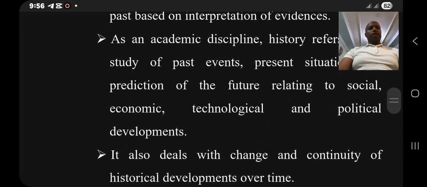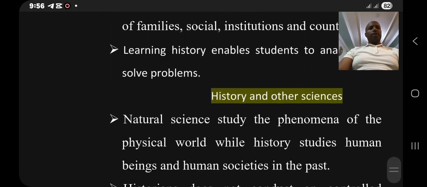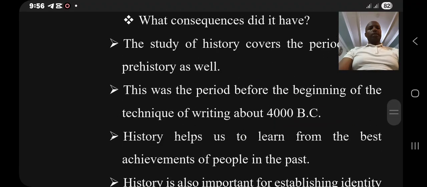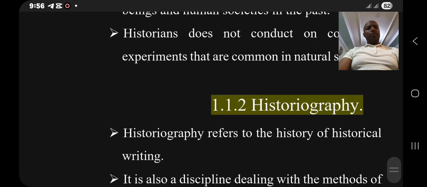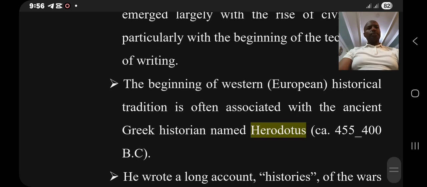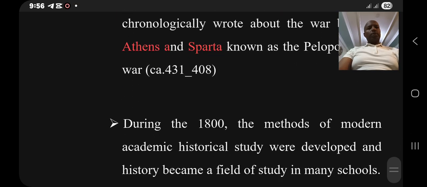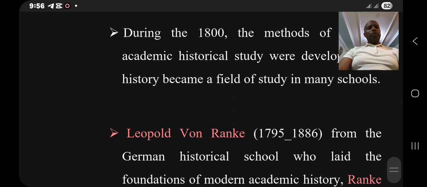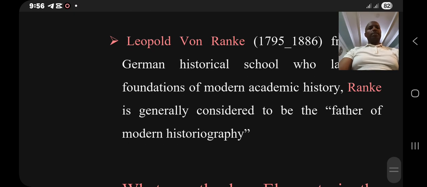For the first time, Leopold von Ranke, a German historian, started the study of modern history in Europe. Because of this, Leopold von Ranke was considered the father of modern historiography.